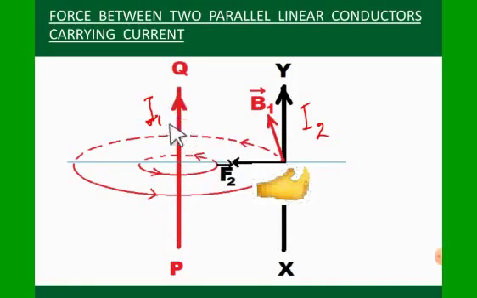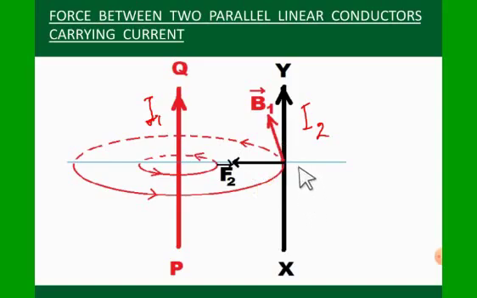Why do I call it B1? Because this is due to the current I1 flowing here. For the time being, assume that there is no conductor XY in this vicinity. That means at this position, the magnetic field due to PQ carrying current I1 is denoted by B1 vector, and it is directed inward.